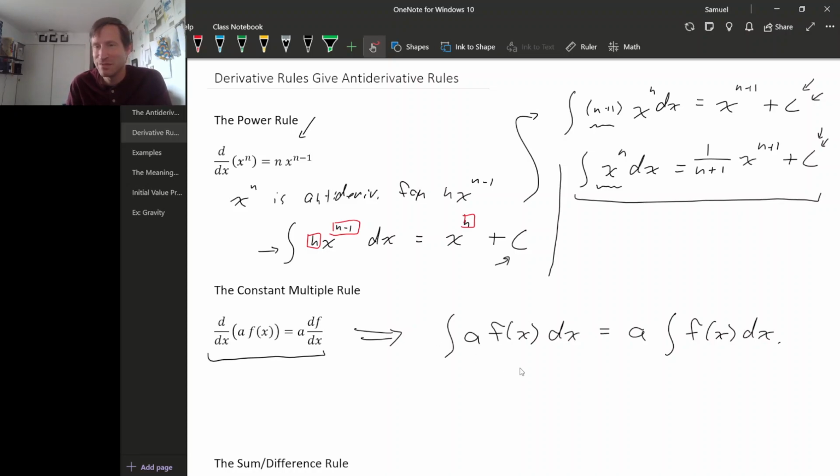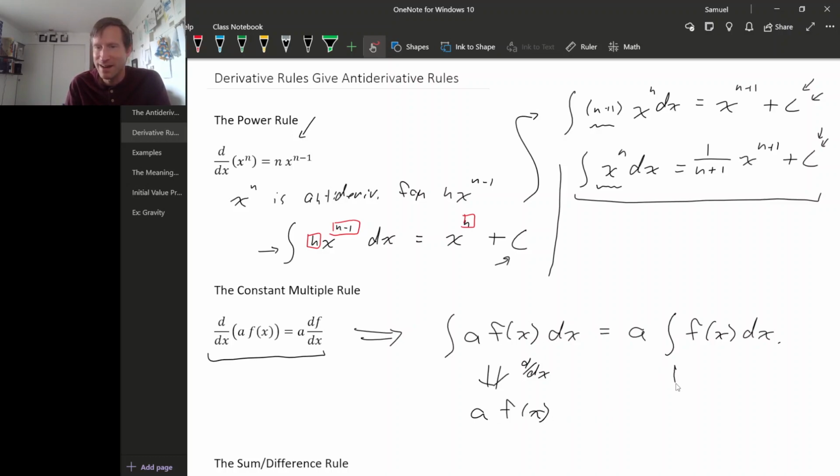If you take the derivative on the left, the derivative of an antiderivative, well, the antiderivative undoes the derivative, but then the derivative redoes it, and so you're back where you started with f of x.